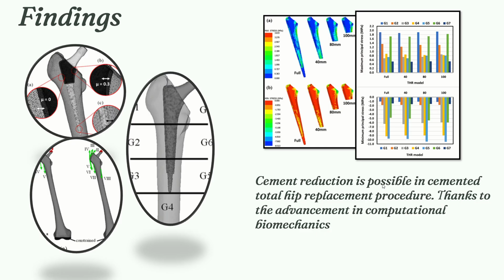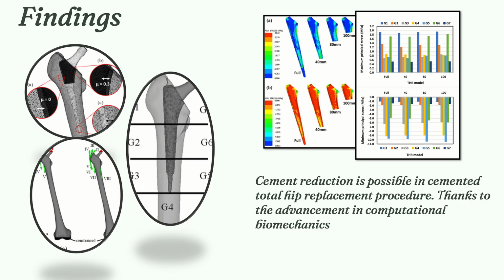After the validation, we simulated different cement lengths, and we came to a conclusion. The results showed that reducing cement length is possible without major risk to bone performance. This could help surgeons minimize fracture risk during revision surgery.